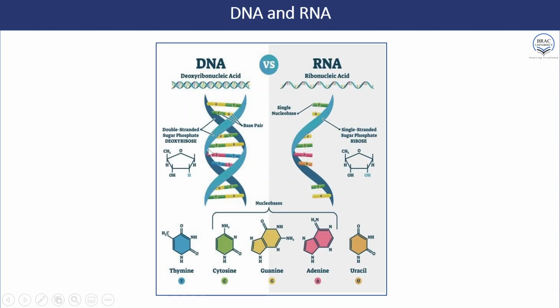In DNA it is deoxy, that means one oxygen is missing at the 2' position, but in RNA the hydroxyl group is present. That means there is a ribose, the full hydroxyl group is present, but in DNA there is no oxygen, only hydrogen. Also another difference is the base. Thymine is uniquely present in DNA and uracil is uniquely present in RNA.